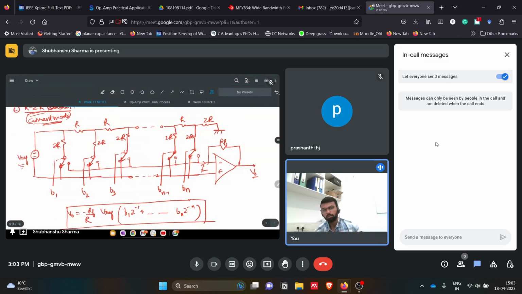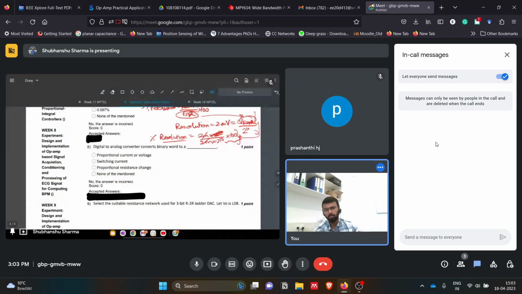But we have voltage mode R-2R ladder also. So similarly we have voltage or current mode DACs. So based on that, we will be getting an output in terms of current or voltage, depending on our output circuit. So these are the two main or fundamental values which we can get from the output of the DAC. Based on that, you can answer this question.